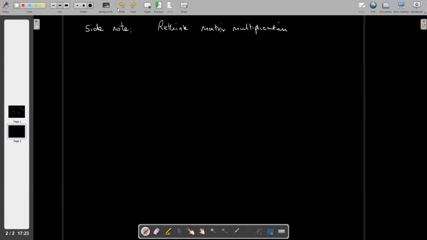Suppose I've got a matrix A, which is given by 2, 4, 3, 8, and a matrix, let's call it P actually, because that'll link nicely later on, which is 1, 0, 3, 2.